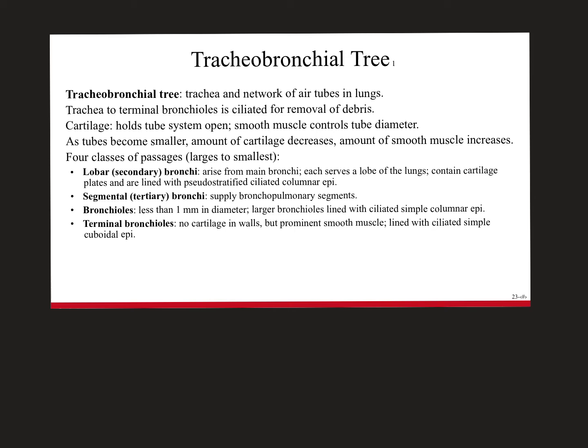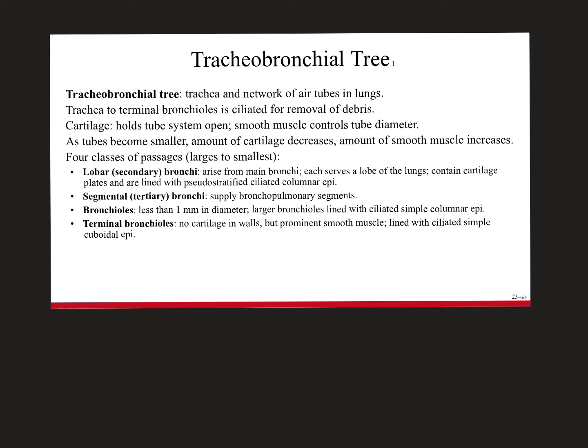Now, that is not the end of the branches. It is, however, the end of the conducting zone branches. Okay? There is another branch that comes off of the terminal bronchioles that we call the respiratory bronchioles. They are part of the respiratory system.